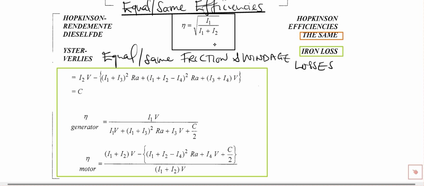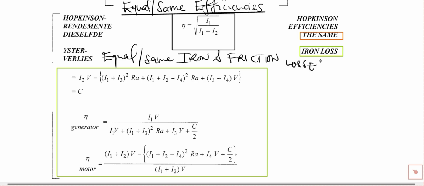In this case, it can also be referred to as equal iron and friction losses. Actually, that's how they typically write it. Let's write it as equal iron and friction losses.